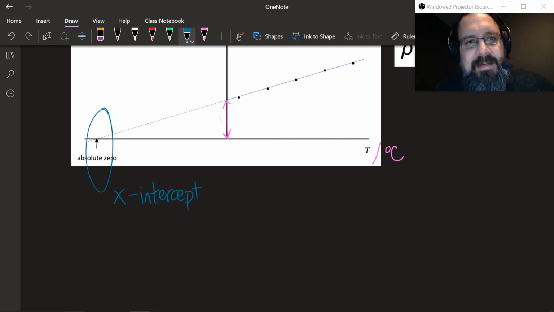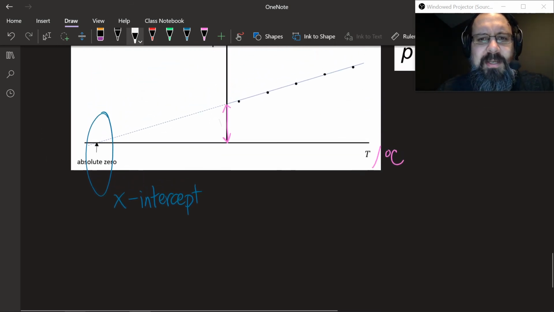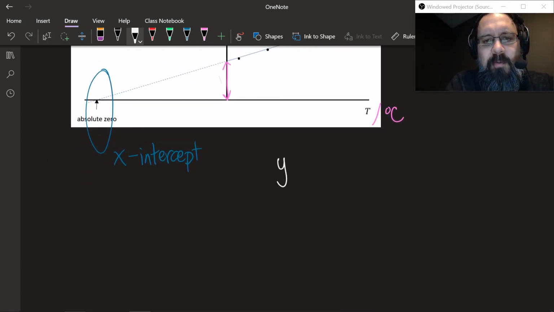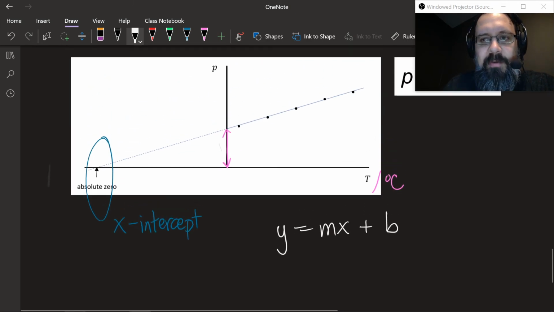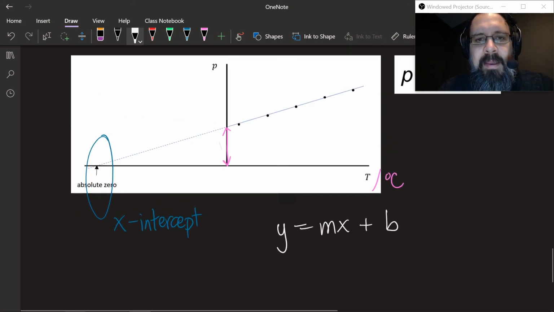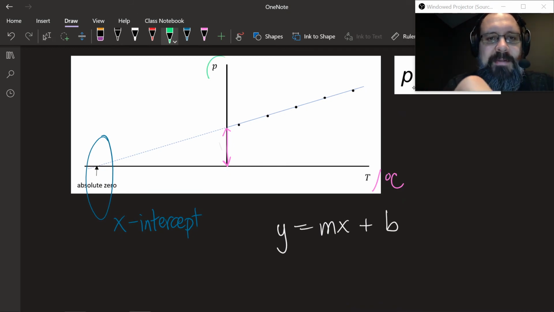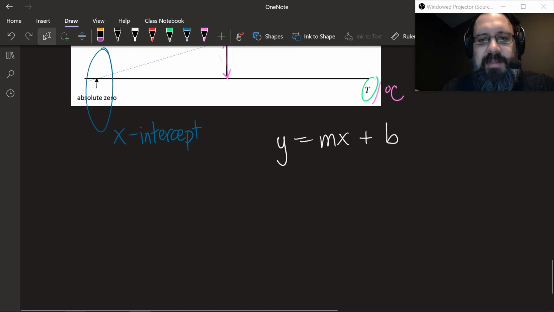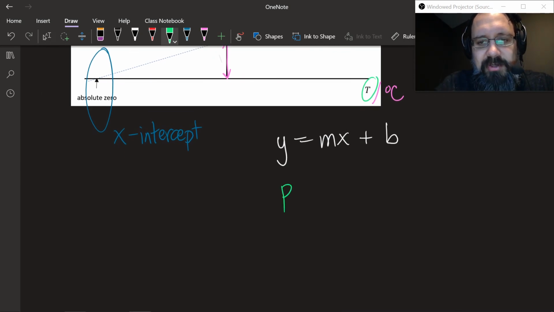Now, finding the x-intercept can be a little bit tricky, so let's review how that works. If you have the equation of a line, y equals mx plus b, which we know our data is going to make, and we know that our y-axis is the pressure and our x-axis is the temperature, so let's replace those quantities. The y-axis is the pressure. The x-axis is the temperature.